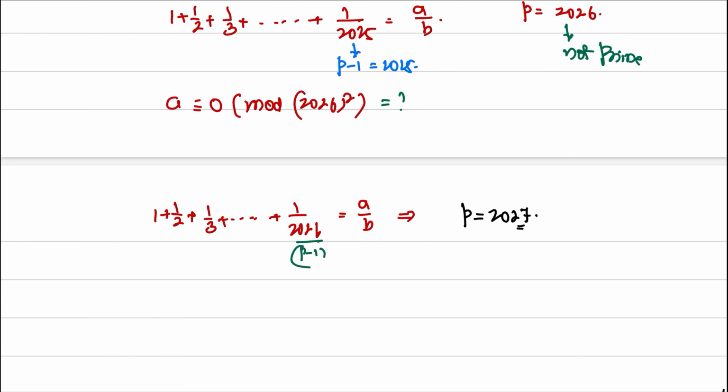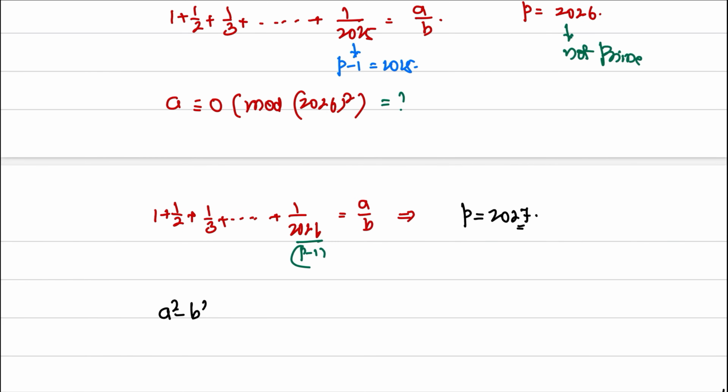How to check whether a number is prime or not? You have to go through the process. The square root of 2027 is around 43. You have to check the 43 primes. Otherwise, you can go for a better method: a square minus b square is equal to a plus b into a minus b.